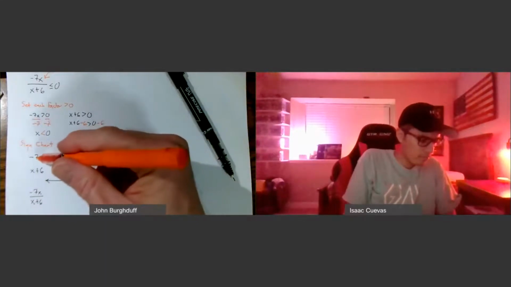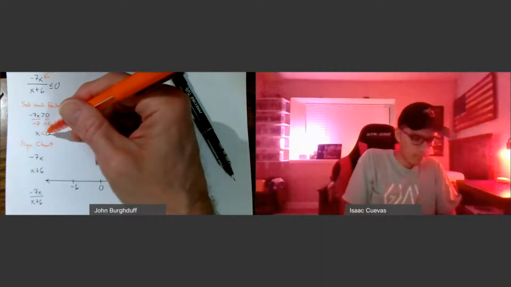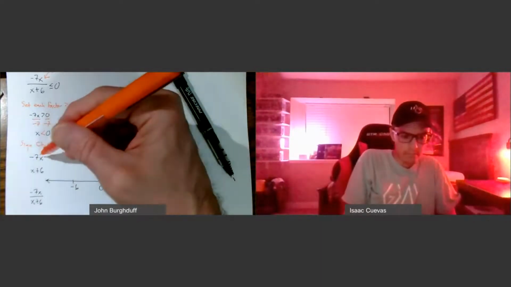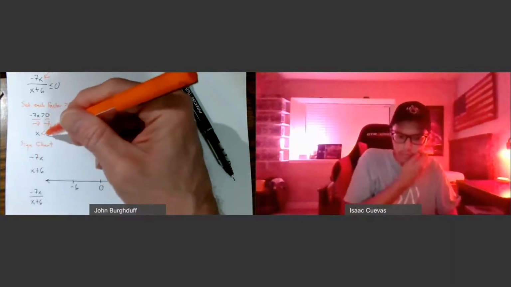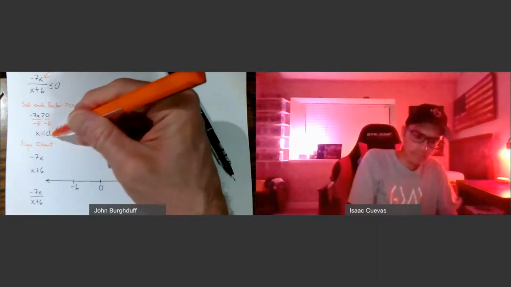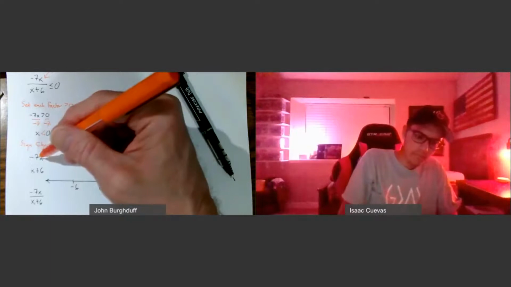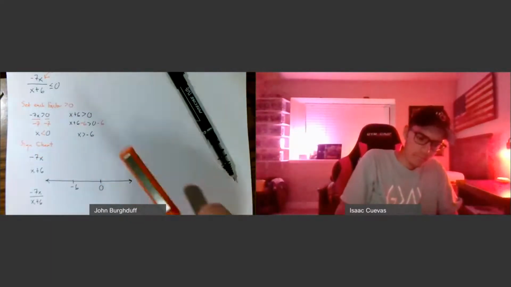Next to each of these different factors, I look at the inequality that I have, and I remember that I was looking for that quantity greater than 0. So what this work is saying is that for any choice of x that's less than 0, -7x is greater than 0. Greater than 0 is positive.